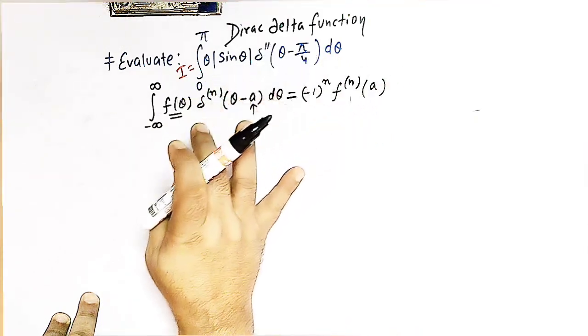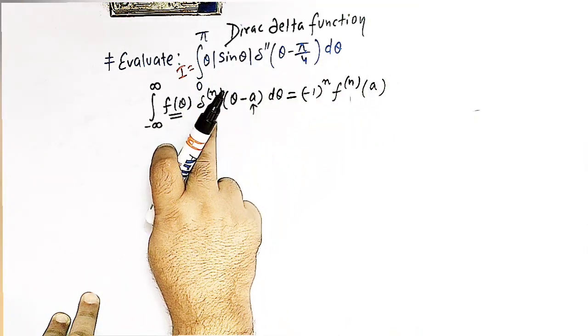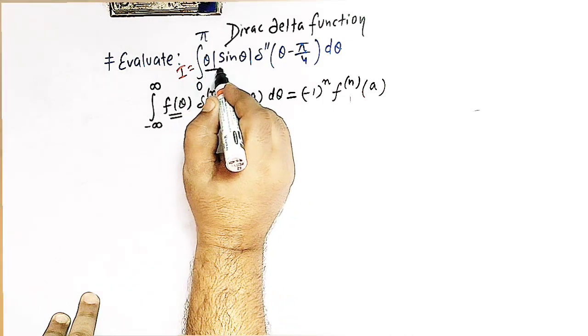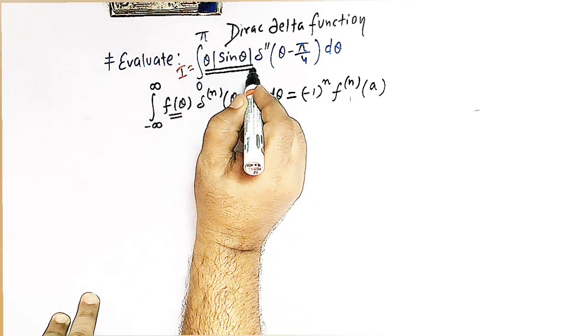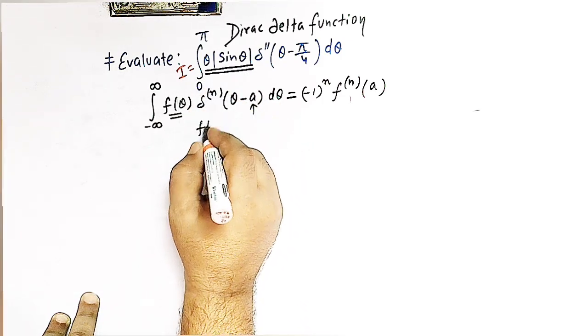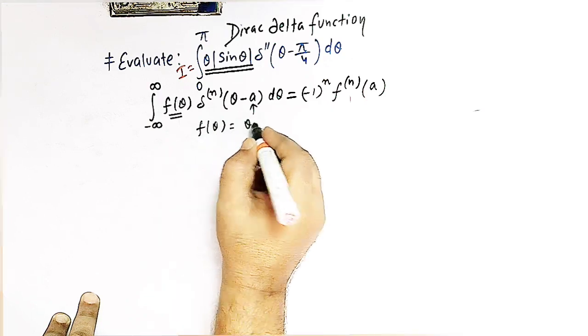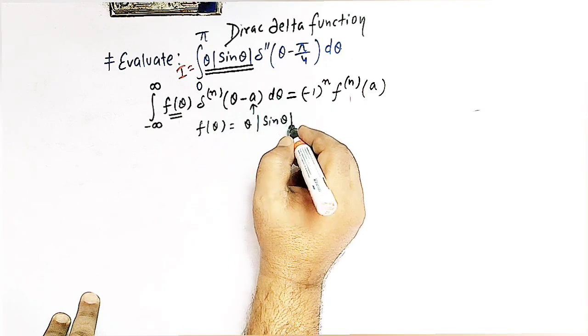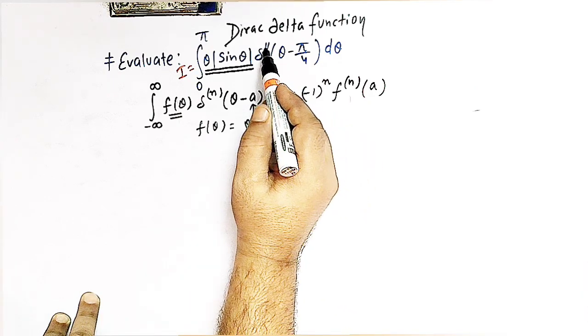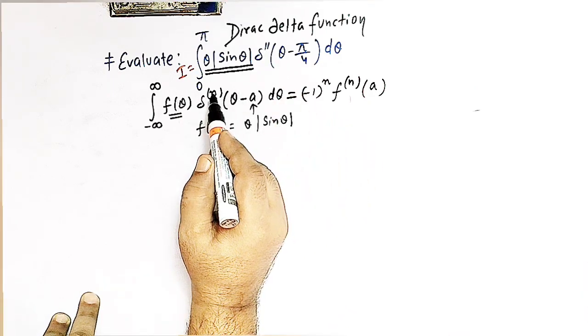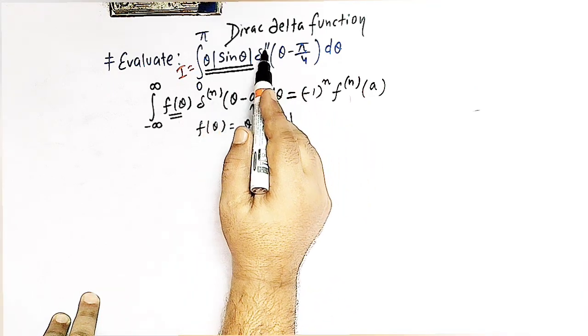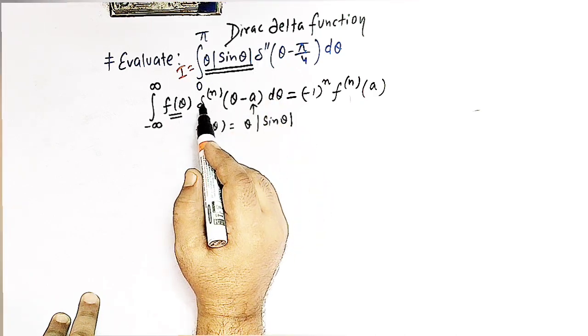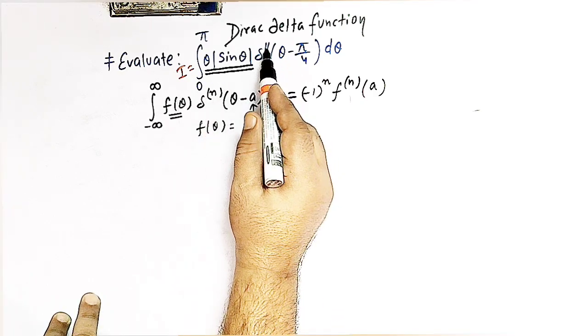So let us compare this integral with this one. So f of theta is given by this function. So f of theta is theta multiplied with the absolute value of sine theta, and here we have double prime, so it implies that the second order derivative of the Dirac delta function is involved.